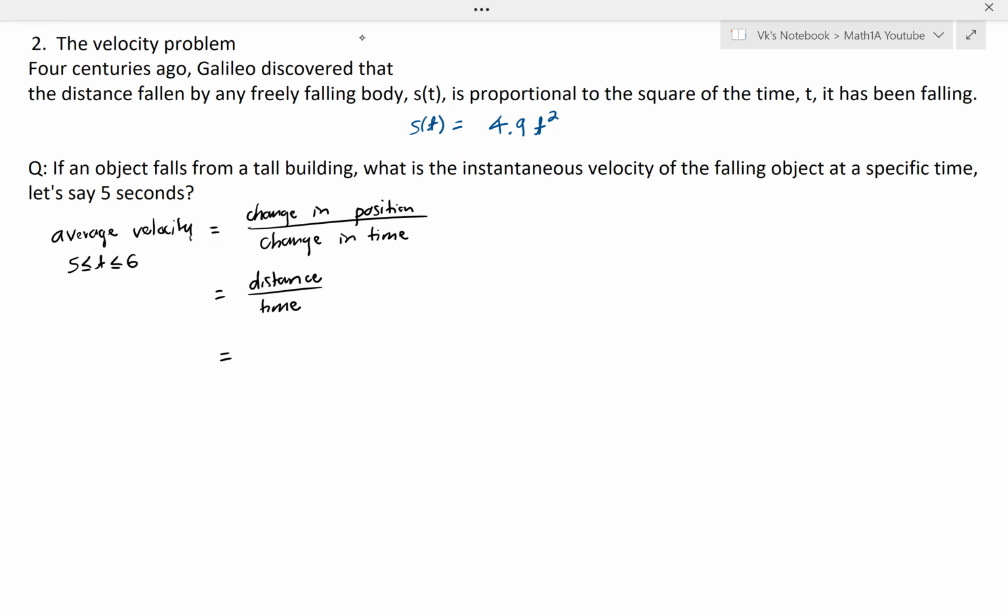Distance is going to be s(6) minus s(5) over 6 minus 5. So that will be 4.9 times 6² minus 4.9 times 5², over 1. And this would give us 53.9.